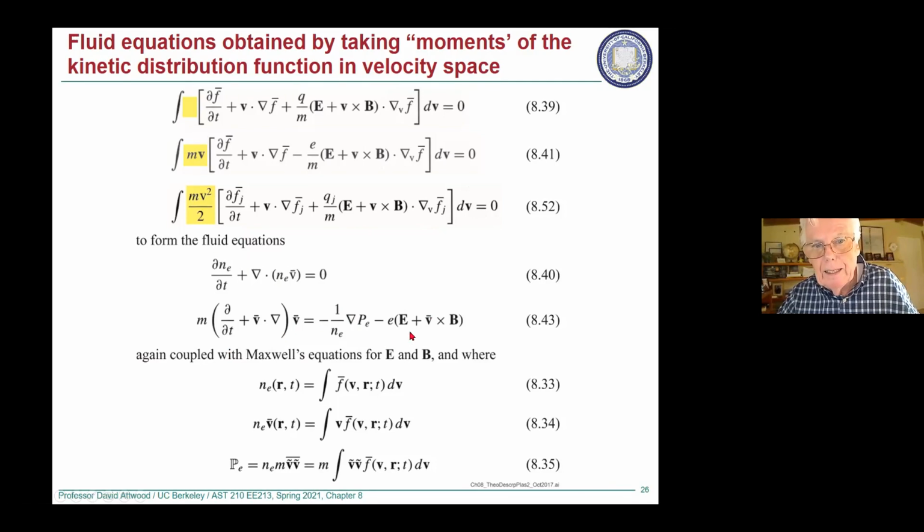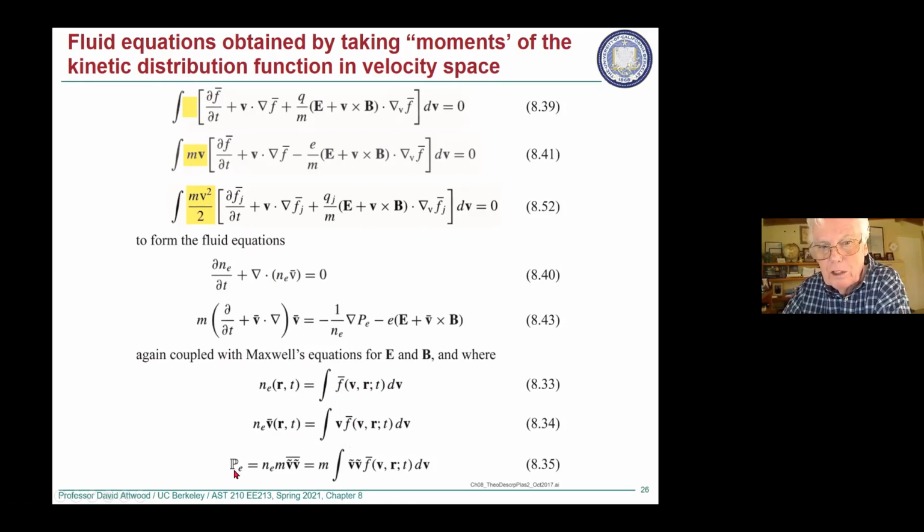And in these things, the electron density here came from this term. It's the integration of the velocity distribution over all velocities. So you're integrating out the velocity component, and all that's left is the space-time, and it's normalized to the electron density. And this V dot F term appears in there.